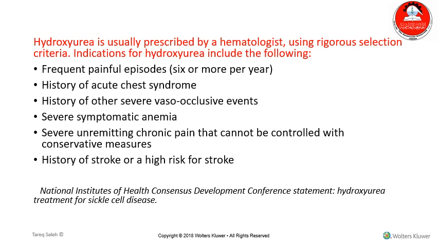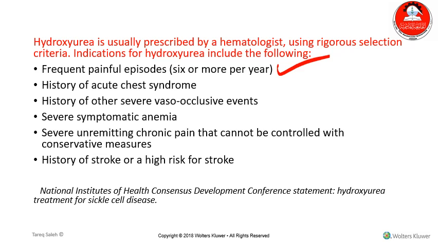However, hydroxyurea should be prescribed by a hematologist or a specialized pediatrician using very careful criteria, and it can only be used in patients that develop frequent painful episodes, okay, 6 or more per year. So you have to use it in advanced cases.